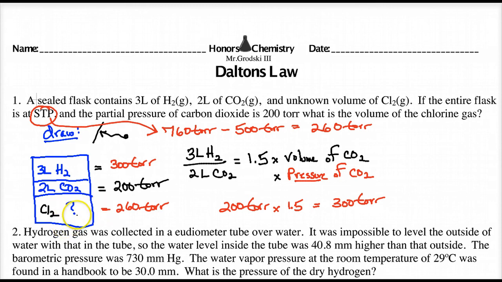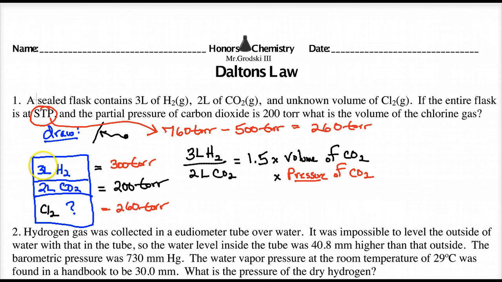Now I don't know what the total volume is. Okay, that's important you understand that. I don't know the total volume. But I do know that I have a proportionality here, right? If carbon dioxide is 2 liters for 200, Cl2 is 260 for how many liters? Maybe you see that already, maybe you don't. So let's get rid of some things and see if we can figure this out. Now if you look carefully, look at H2 and CO2.